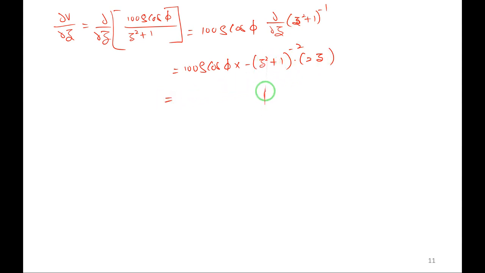This will come in the denominator, with the minus sign, 100 into 2 is 200 rho cos phi into z, divided by z square plus 1 whole square. So I hope this is correct.